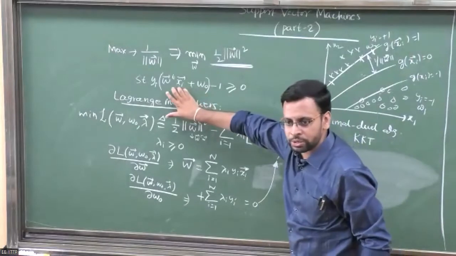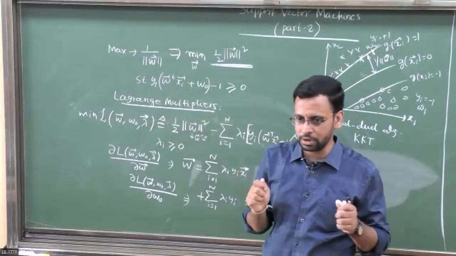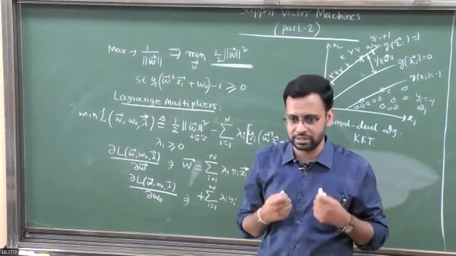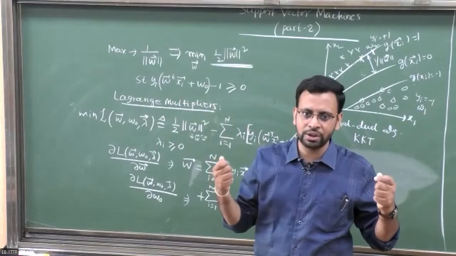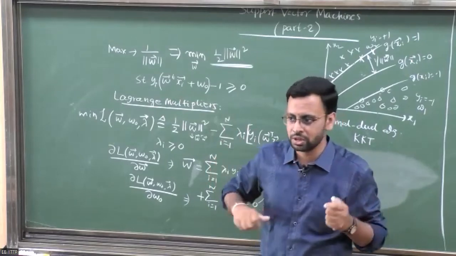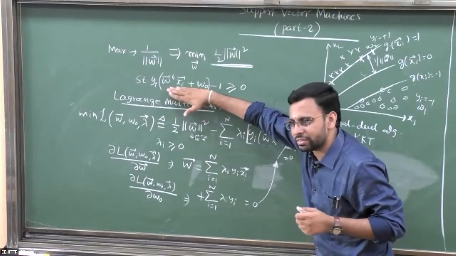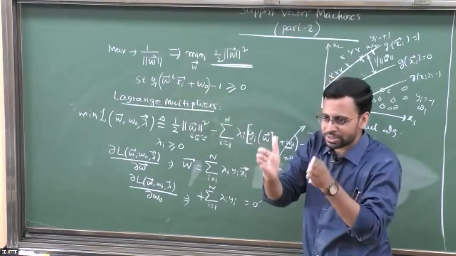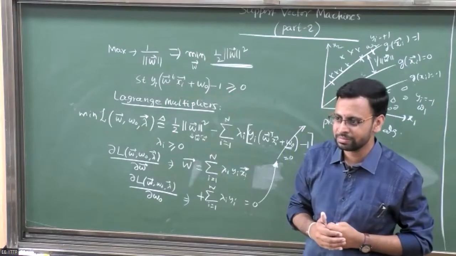Should I assume that I have n number of points, n number of feature vectors? Maybe if you are not convinced with the word points, in your training data you have n number of feature vectors. Should I impose this constraint for all feature vectors, or if I impose it on some, will it obviously be satisfied by the rest?